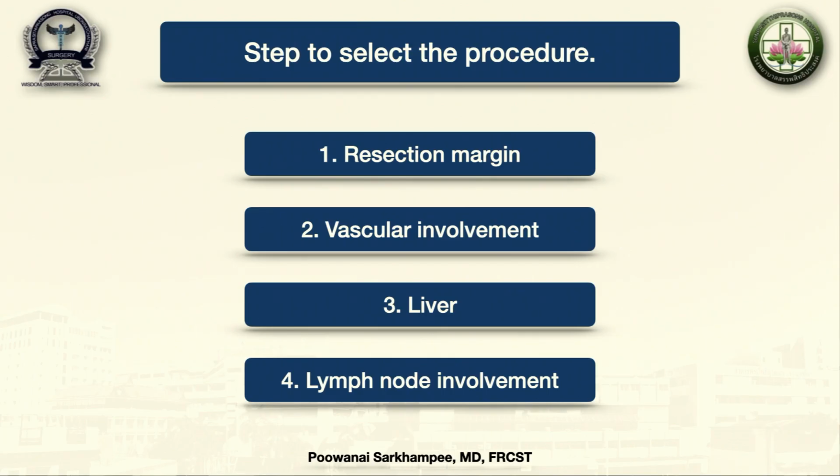And you look at the patient's liver, whether it allows you to perform that operation. And the last step, the most important, is lymph node metastasis or not. Nowadays, I think we don't talk about the procedure in lymph node metastasis. We talk about neoadjuvant therapy before surgery in this kind of patient.